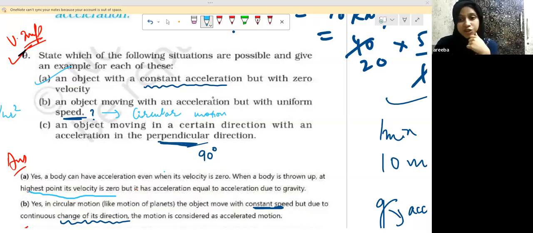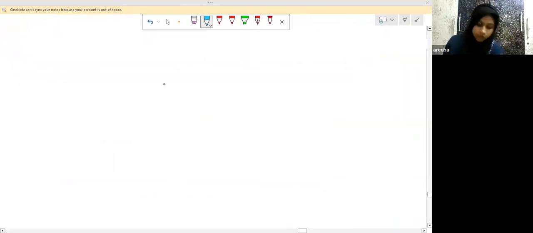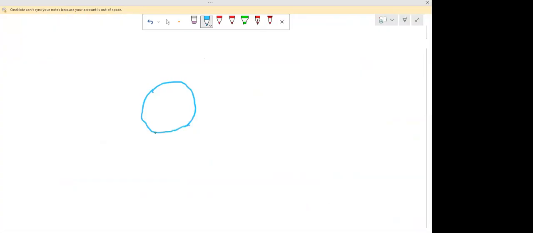So velocity changes. Where does the difference between velocity and speed come in? In direction. Which one of them is associated with direction? Velocity. Excellent. Now try to visualize. This is the circular path. In this statement we are going to give the example of a circular path.